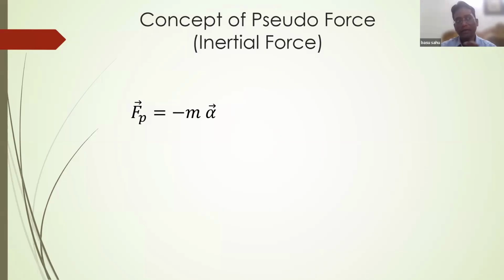acceleration of the body. In the time of Newton, there were basically two kinds of mass. The first mass we call inertial mass, and the second mass we call gravitational mass.